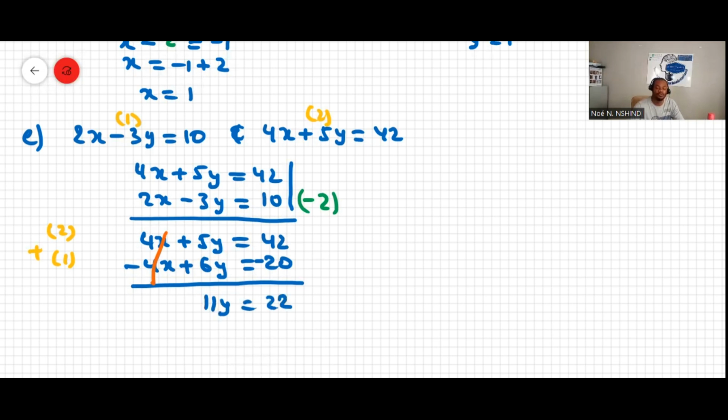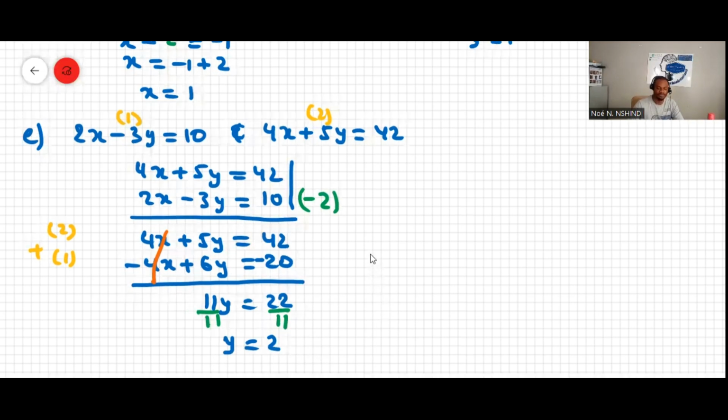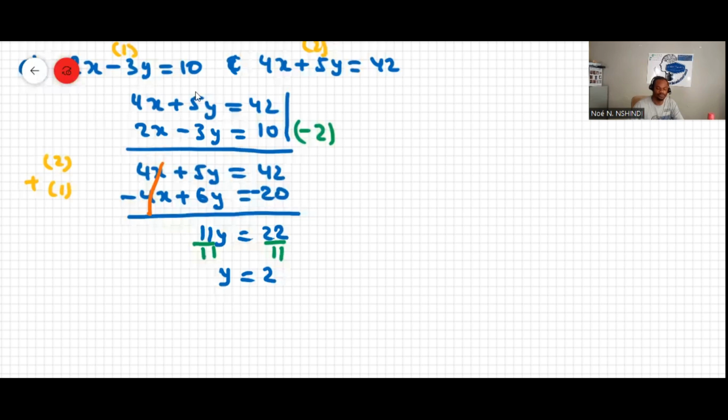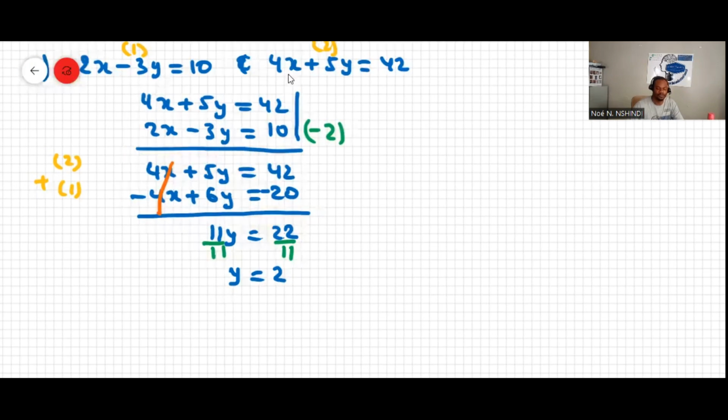To get the value of y, we divide by 11, and then we get y equal to 2. Now that we got the value of y, we can substitute in either equation 1 or equation 2 to get the value of x.